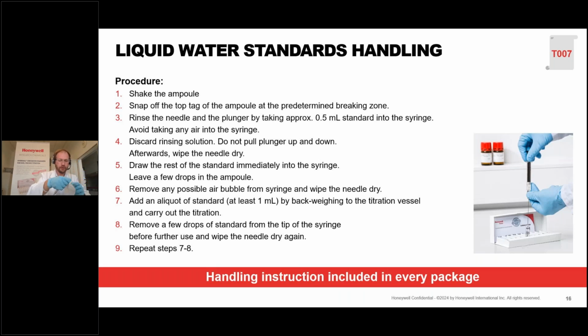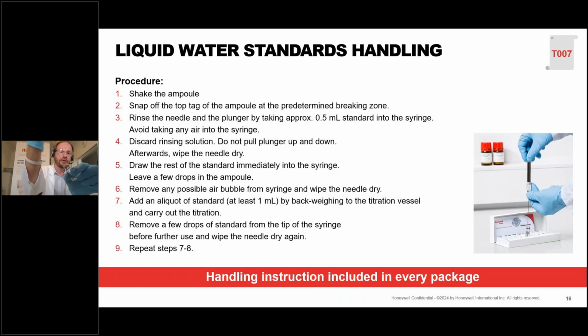So this way we rinse the inner side of the syringe and the plunger, and then wipe the needle dry and take immediately the rest of the water standard into the syringe.